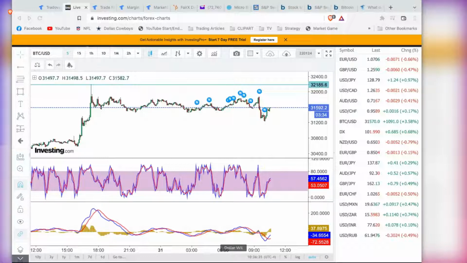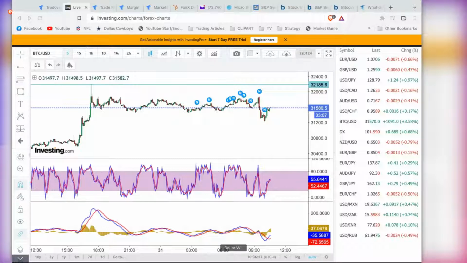For everybody listening, the US dollar, think of it like a seesaw. Well, first of all, when you're trading Bitcoin versus the US dollar, you're trading a relationship. So Bitcoin typically needs the US dollar to be weak. So we're in a strong dollar environment.